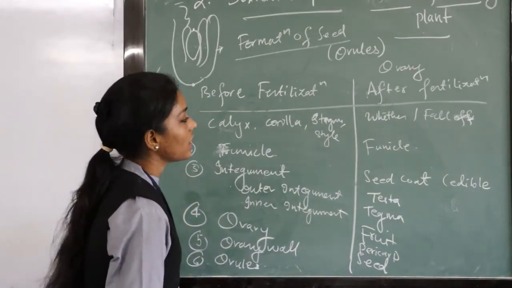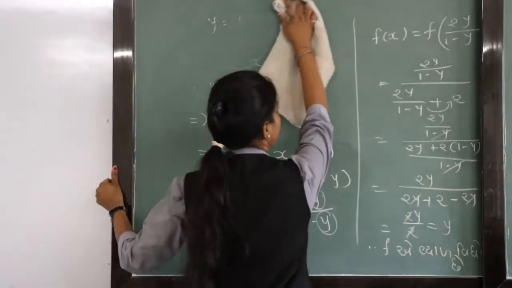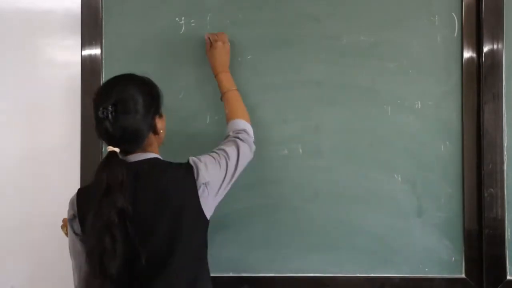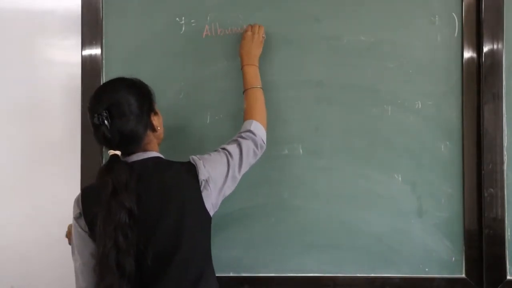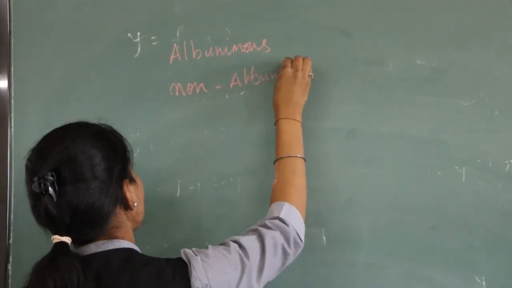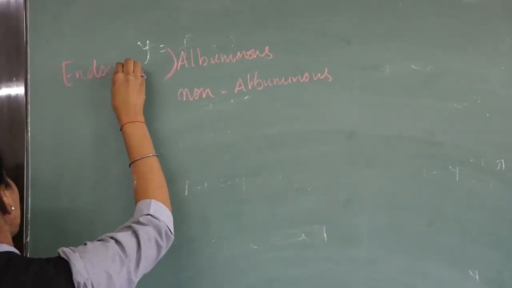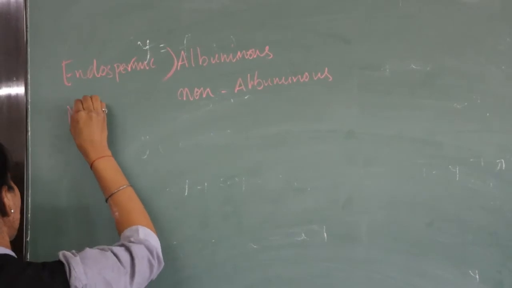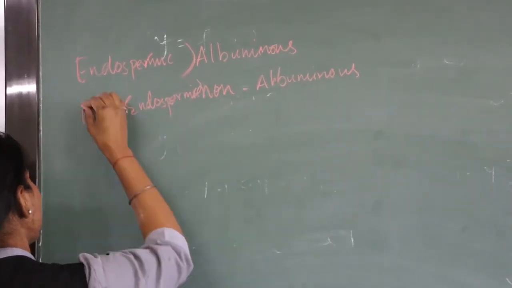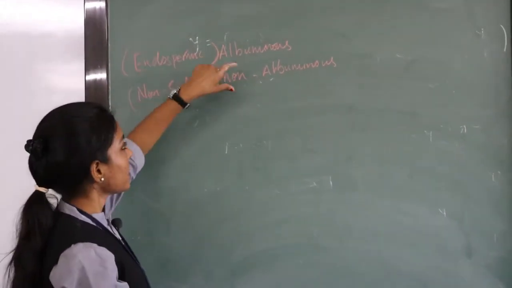Now we will see with the seed only, but seeds are classified again in two types, based on the layers: albuminous and non-albuminous, or it is called endospermic and non-endospermic, based on endosperm present in them as well as endosperm absent in them.